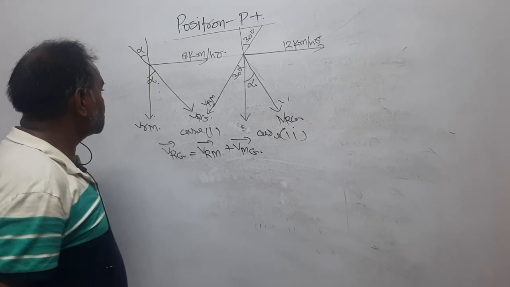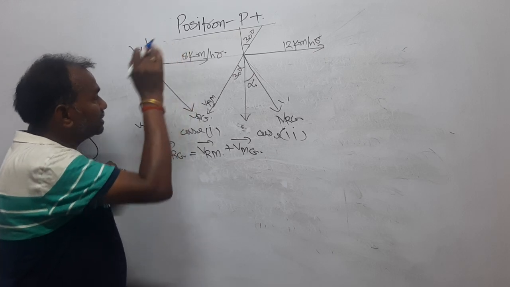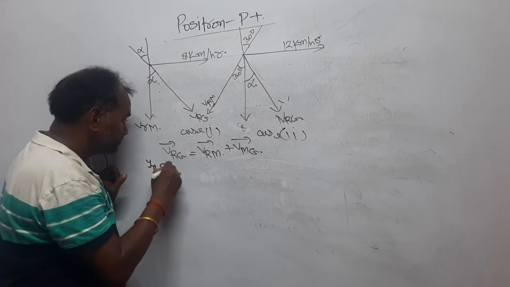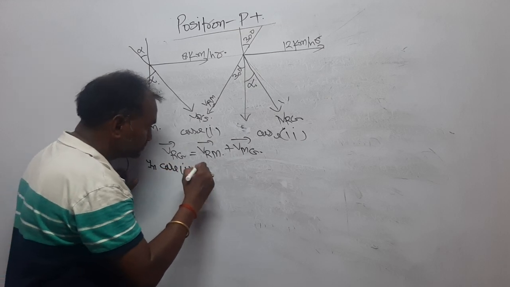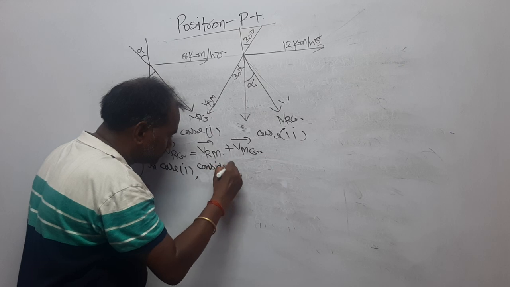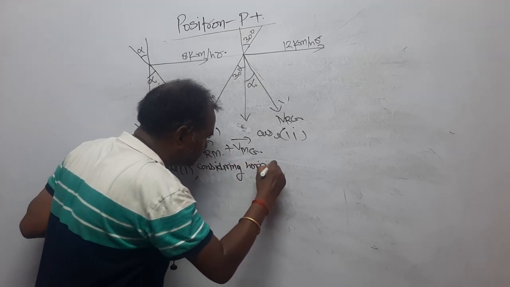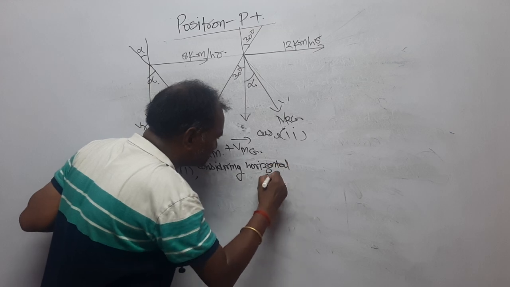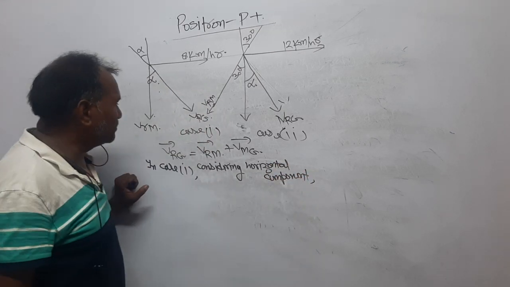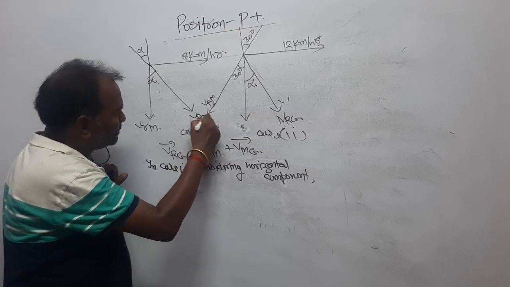Now, dear students, taking horizontal component in this, in case 1, considering horizontal component, what will be this? This is the velocity of rain with respect to ground.